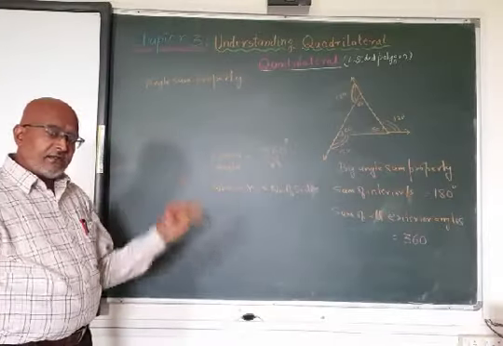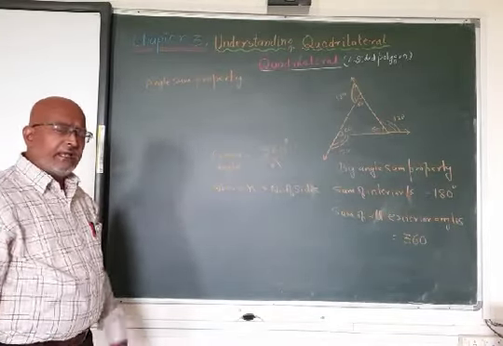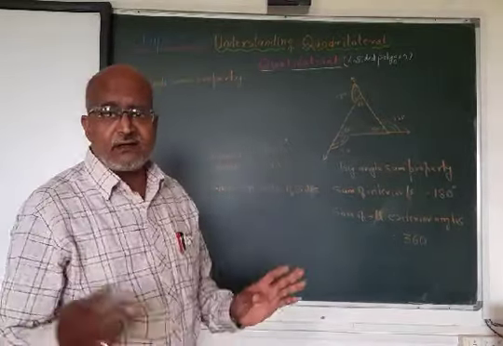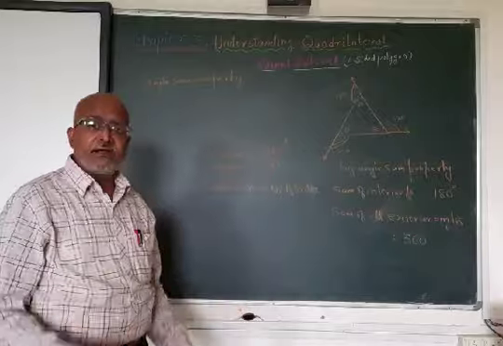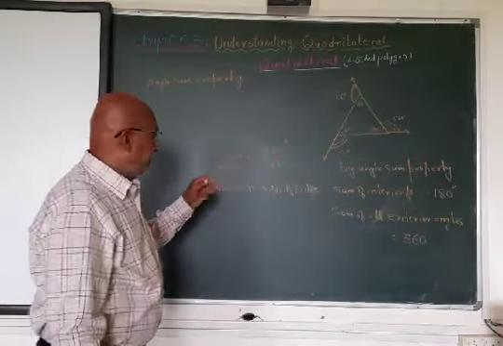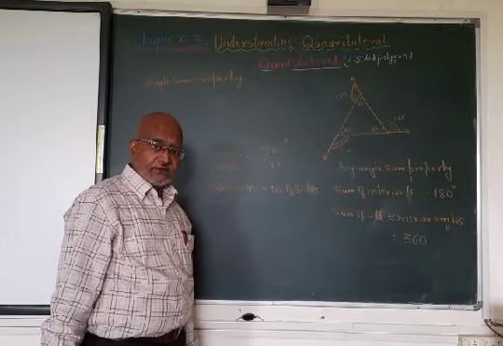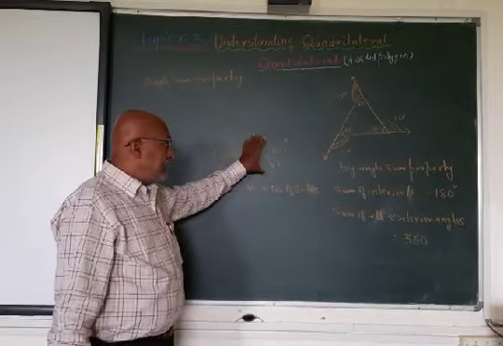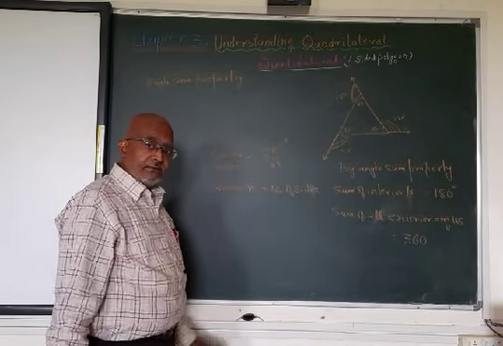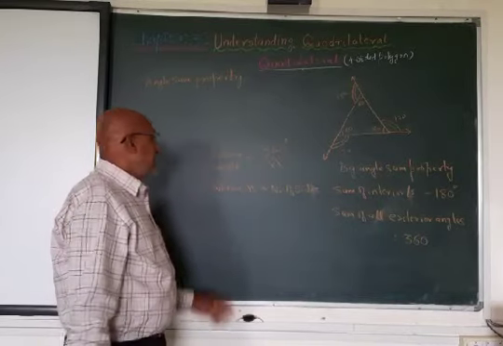Now what is the interior angle then? Obviously in any polygon, the interior angle and exterior angle are supplementary angles, or a linear pair. So the interior angle will be 180 minus the exterior angle.